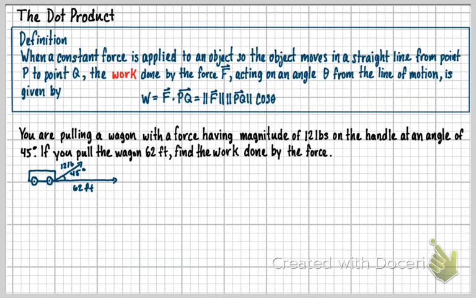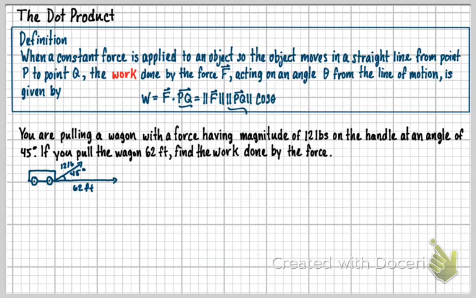Now keep in mind, if I'm looking at my vector PQ, remember what that was: the object moves in a straight line from point P to point Q, and that's going to be my vector PQ in that direction. So the magnitude of PQ is going to be 62 feet for this problem, because that's the distance being traveled, that straight line moving from P to Q. Okay, so that's going to be 62.